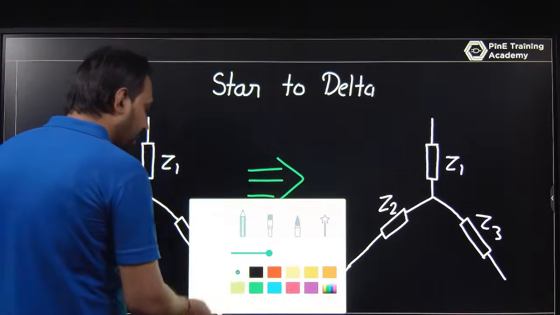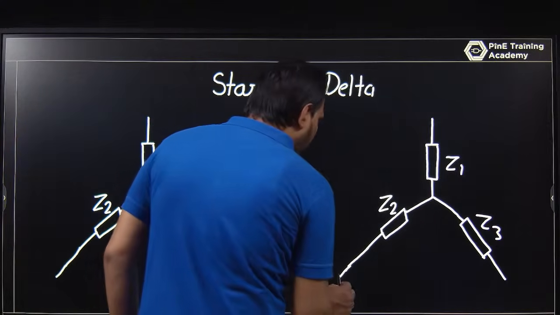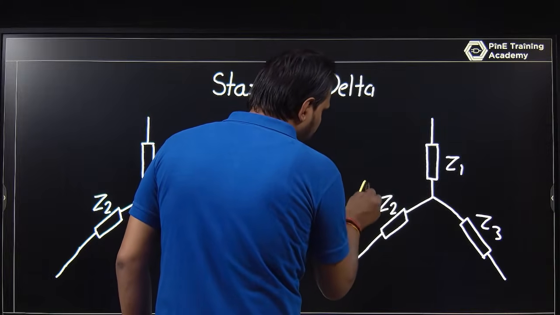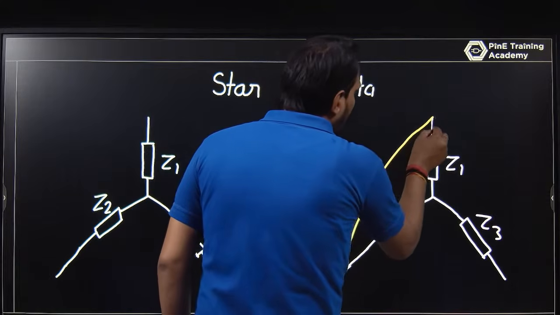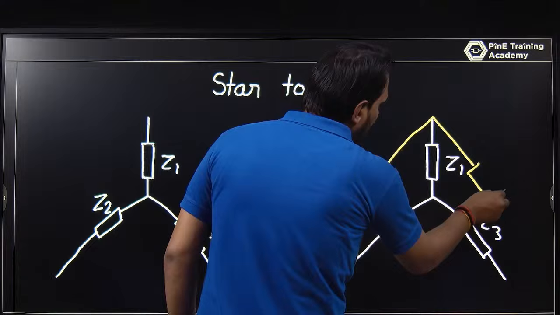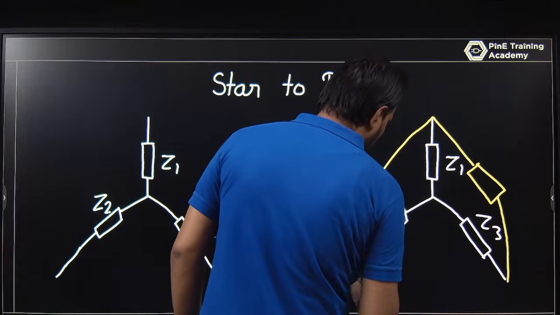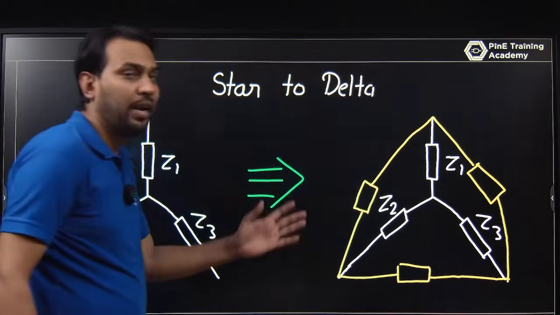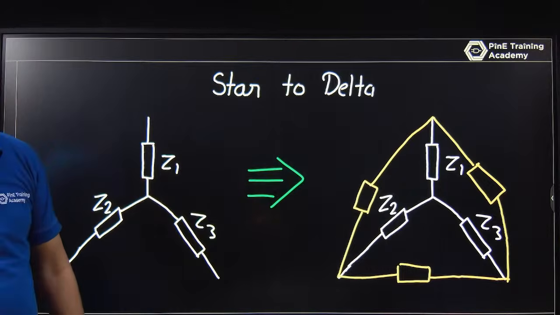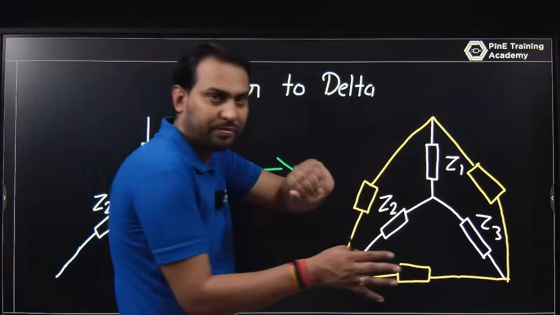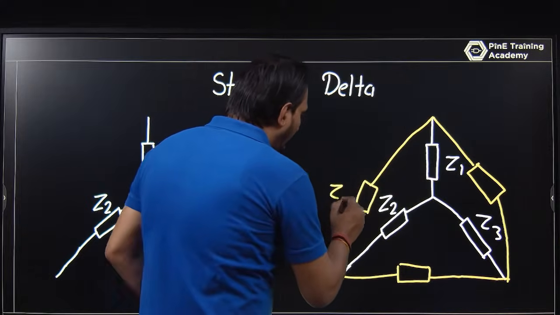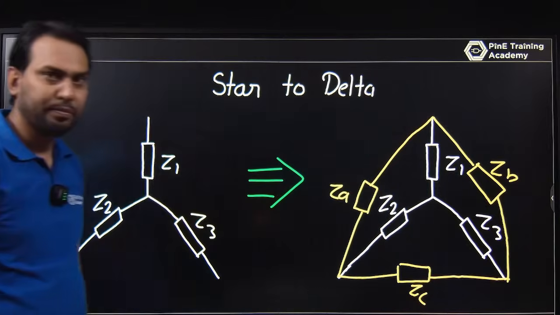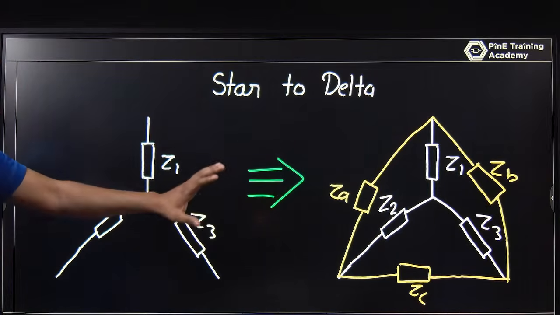This is a star, and you can convert it into this format. This is called delta. I am just converting star to delta, so I can avoid the star and convert it into delta form, that is ZA, ZB and ZC. What will be the values? We will discuss, but first convert into that format.